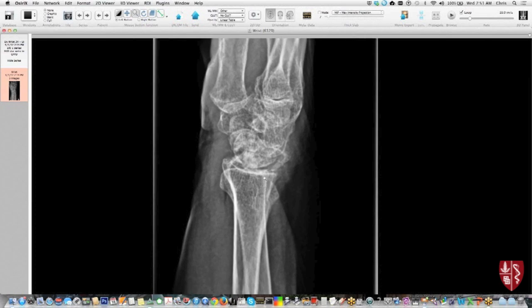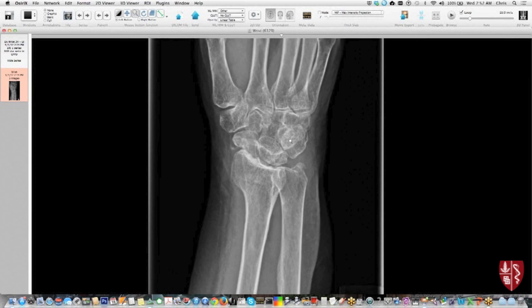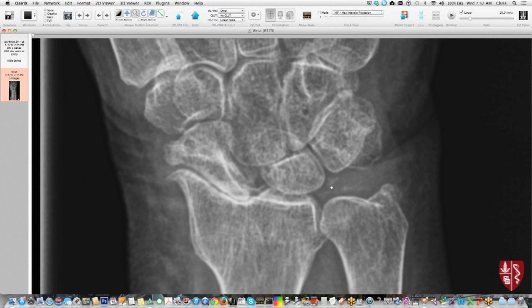And this example doesn't show it real well because of all the degeneration, but you may be able to see that the lunate is tipped dorsally here, and the scapholunate angle would actually be increased going along with that scapholunate dissociation. So I would say the majority of these types of SLAC wrists that we see are not really in the setting of CPPD, but are in the setting of traumatic scapholunate dissociation, or scapholunate ligament tear, but it's something to keep in mind that it can be associated with CPPD, and that probably causes the degeneration of that ligament and making it more prone to tear.